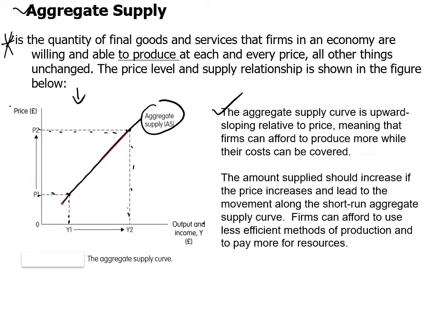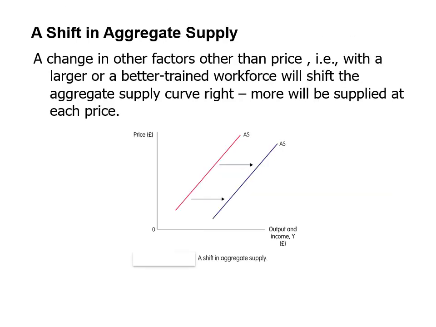So the amount supplied should increase if the price increases and lead to movement along the short-run aggregate supply curve, which is what we have here, right? Firms can afford to use less efficient means of production and pay more for resources because prices are higher.